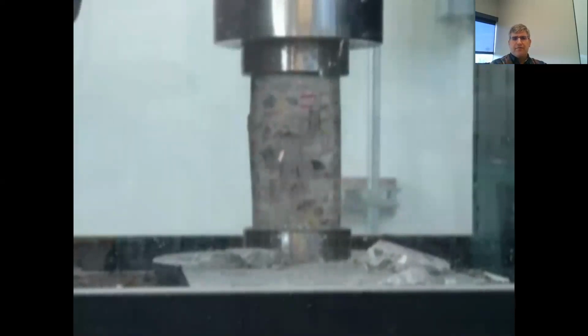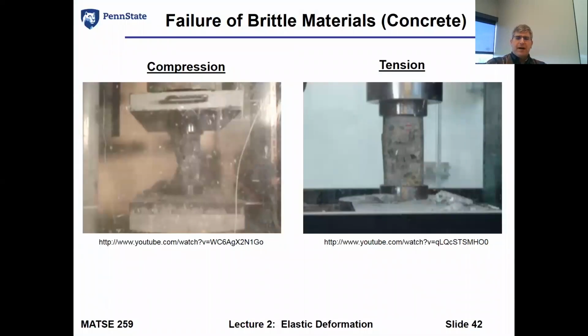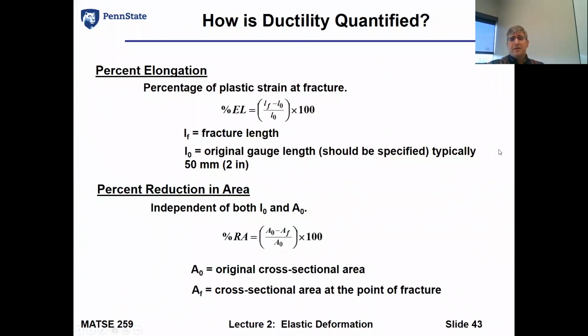You don't see necking. You see really no sign that it is getting longer or shorter. And we see how it fails. It just really comes apart. Without that change in strain, what we have is the idea of a brittle material. So going from a brass or a copper to a concrete are two real extremes of ductile and brittle materials. So how do we define ductility?